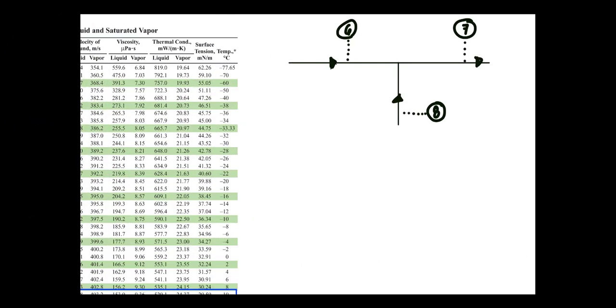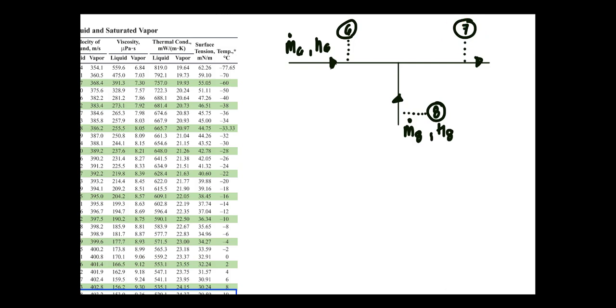Now I try to isolate the mixing T of points 6, 8, and 7. Here we have the mass flow rate at point 6 with the corresponding enthalpy at point 6, and for point 8 we also have the mass flow rate and the enthalpy at this point. And this is point 1.